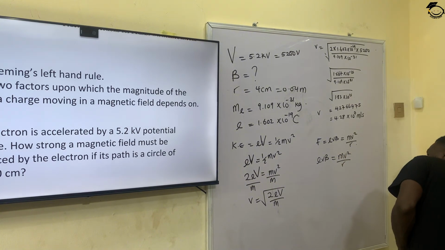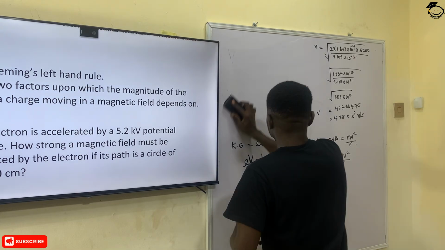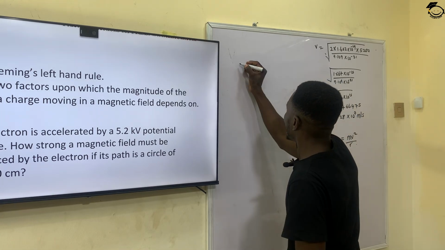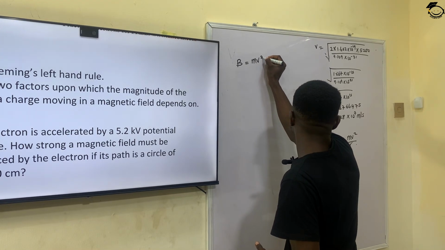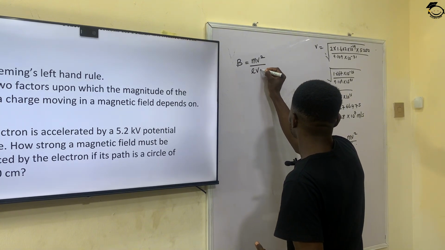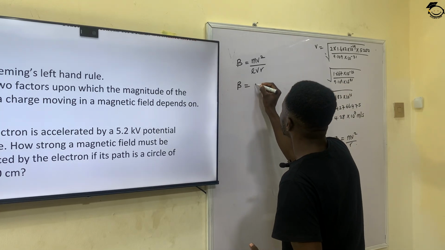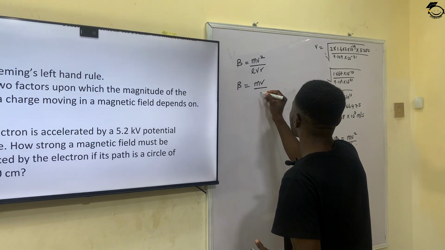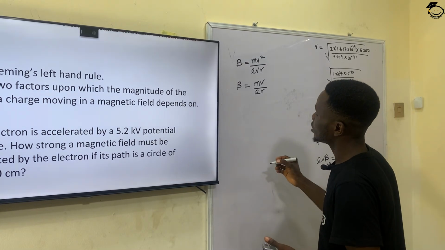If I make B the subject of the formula, I'll have that B is equal to mv squared over eVr. If one v cancels out, it means that B will be equal to mv over er.